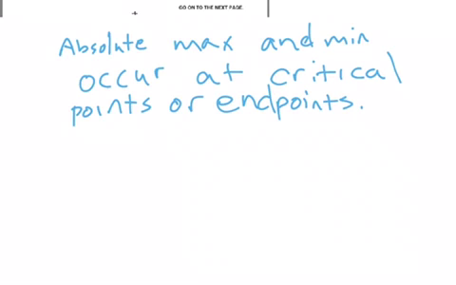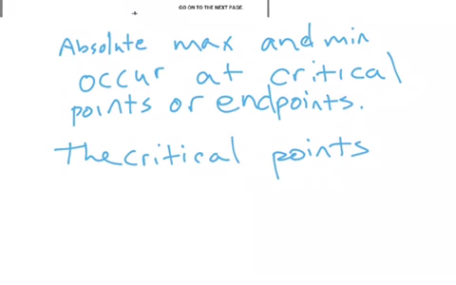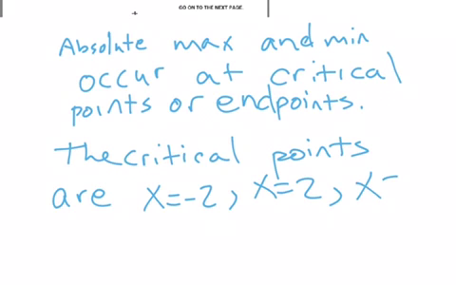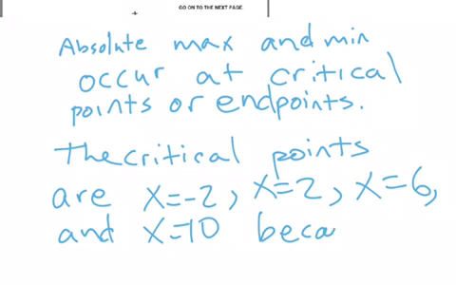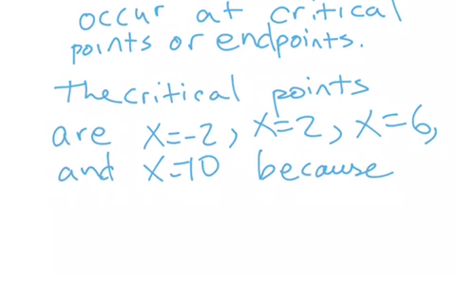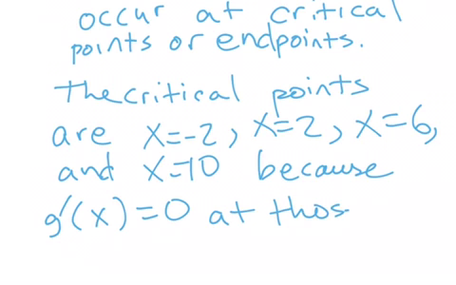The critical points are x equals -2, x equals 2, x equals 6, and x equals 10 because g prime of x equals 0 at those points.